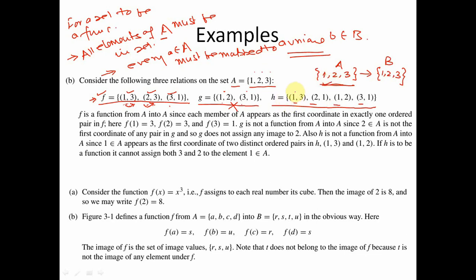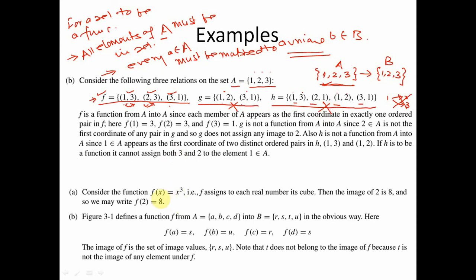But see over here, 1 is being mapped to 3 and 1 is mapped to 2. So the element 1 is being mapped to 2 and it is again being mapped to 3. Now this is something that we cannot allow. This is what I meant by saying that each and every element of set A must be mapped to a unique element of B. Right? So this H once again is not a function.